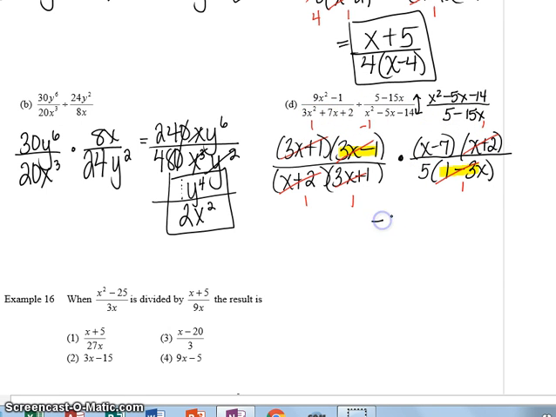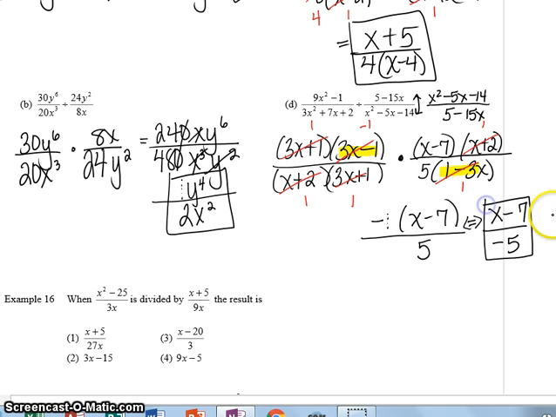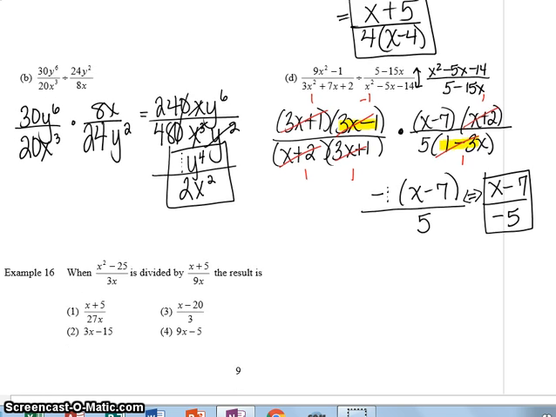So, I'm going to just put imaginary 1, and x minus 7 all over 1 times 1 times 5 times 1, which is 5. Okay? So, that is also the same as x minus 7 all over negative 5. So, either one is completely fine. Okay? Either one. Alright, last example here.